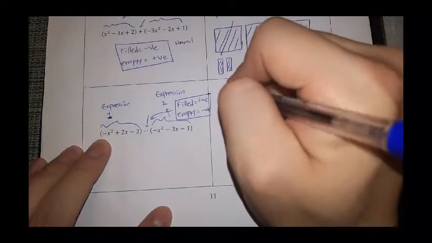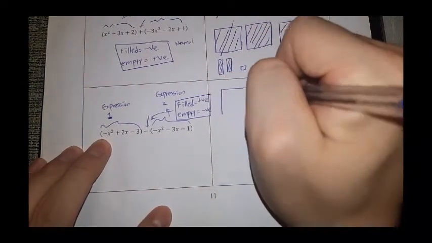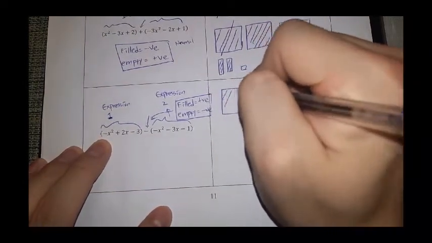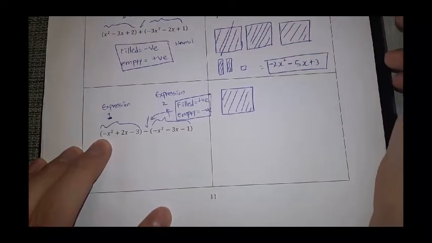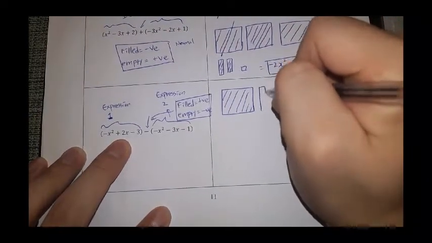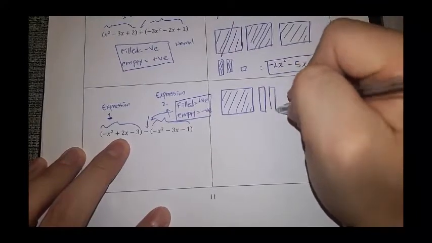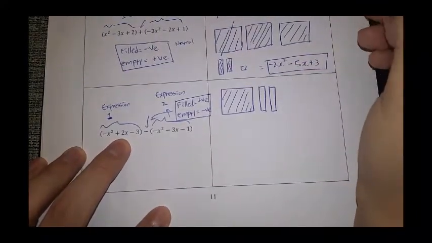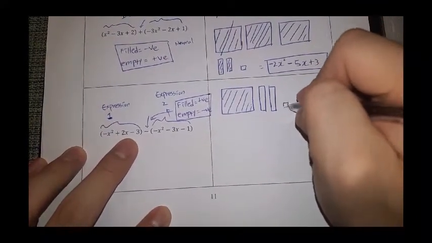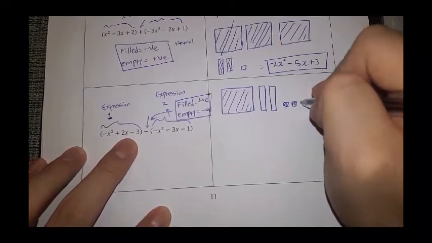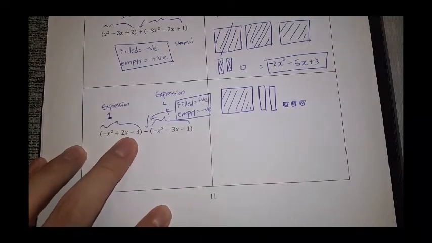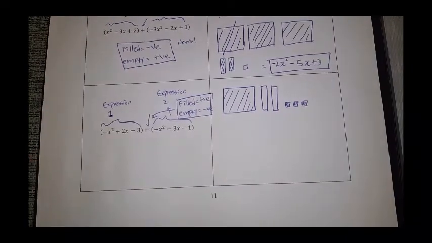So here's what we're going to do. Negative x squared, a fancy way of saying colored square. Positive 2x, a fancy way of saying empty 2 strips. Negative 3, colored tiny squares.